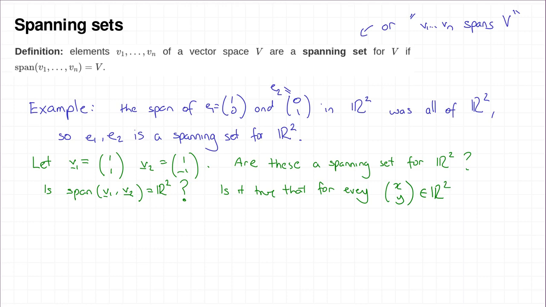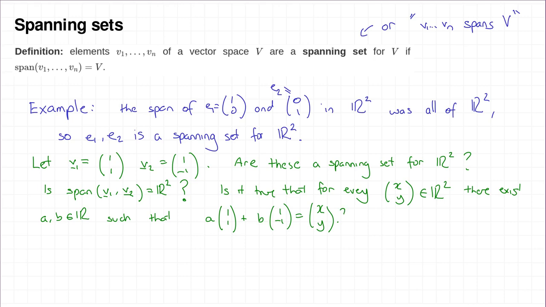In other words, there exist real numbers a and b in R such that a times V1 plus b times V2 equals (x, y). Right, you have to be able to solve this, to find a and b. So given any x and y, you have to be able to find an a and b to make this true.